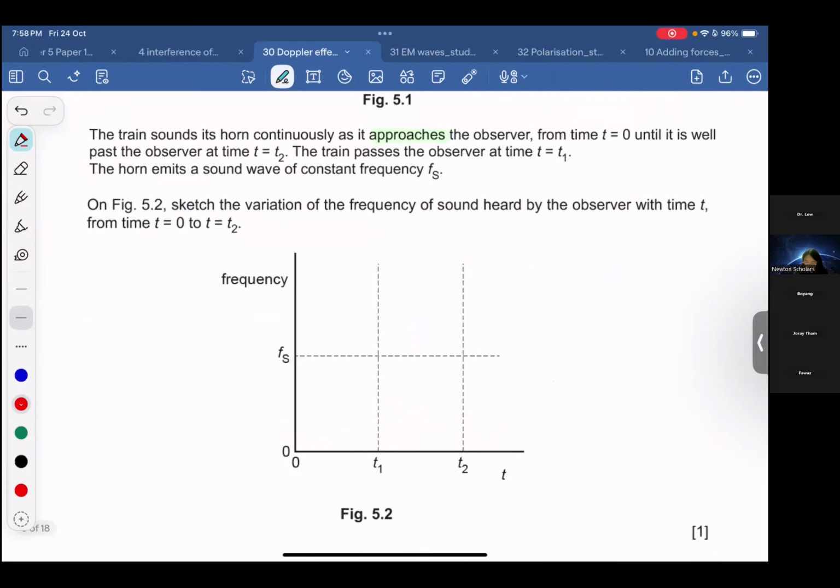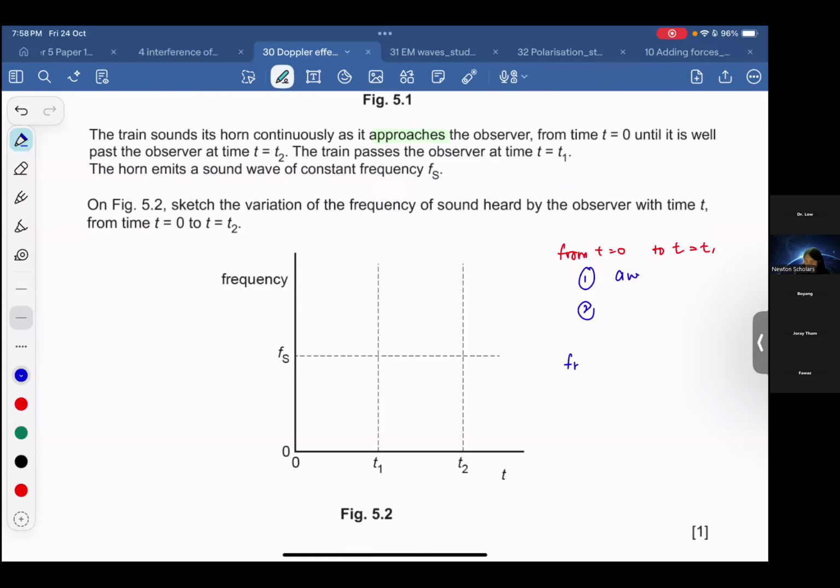Then, can you sketch the variation of the frequency heard by the observer with time? From t equals 0 until t equals t1, ask yourself, away or towards? First question, away or towards?